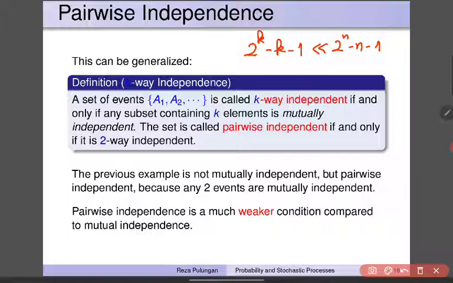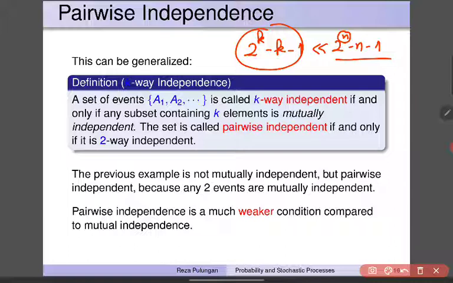For instance, take k to be just 3, while n, the number of events inside of this set, may be 10, maybe 100, and this is really smaller than if we had to insist on mutual independence.